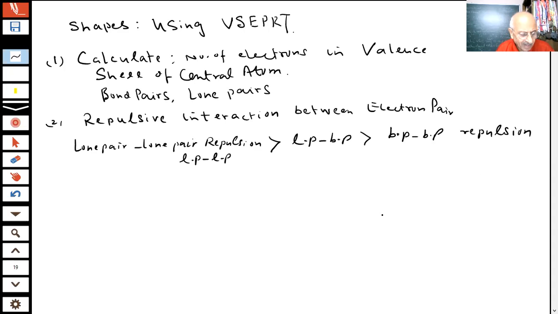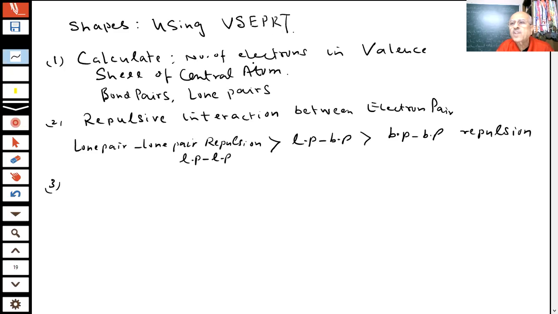So on this basis, we are saying the lone pairs and bond pairs will try to go farther away from each other, which will give a particular shape or geometry to the molecule. Because there are repulsions, how will you minimize the repulsion? The idea is valence shell electron pair repulsion theory.